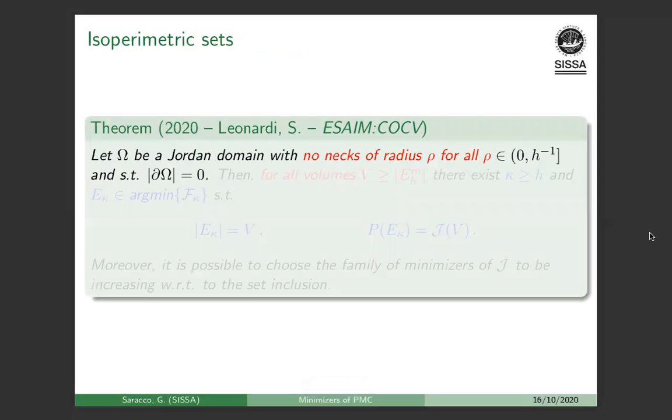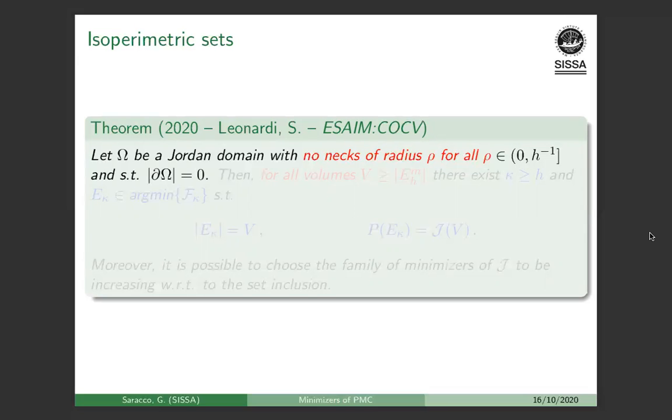We proved that if your set omega is a Jordan domain whose boundary has zero volume, and if omega is nonextremal for all radius rho, for rho between 0 and the inverse of the Cheeger constant, then you can apply the geometric characterization I gave you before, and you knew as well that there was a standard way to interpolate between the volume of the minimal and the volume of the maximal Cheeger set.